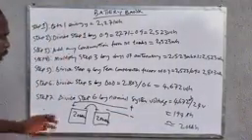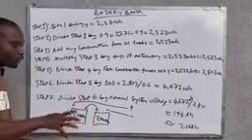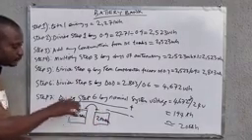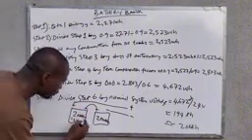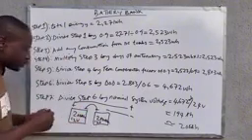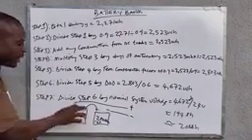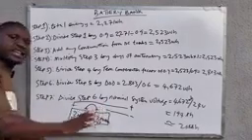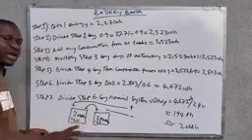Now, if it is a 12 volt system, we can connect these two batteries in parallel. We will not connect them in series, because this is 12 volts and this is also 12 volts. So we can reconfigure the system to a 12 volt system by connecting these batteries in parallel. Now, when you connect in parallel, the voltage will still remain 12 volts.